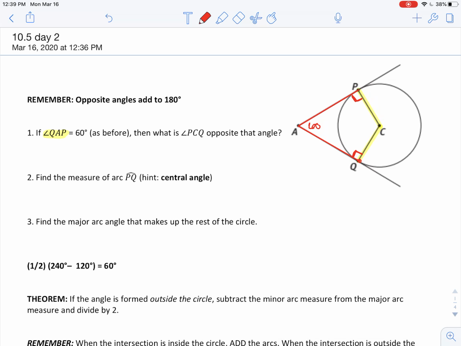It was 10.3. And I know these have to add up to 180, these opposite angles. So opposite angles add to 180. And we can see that works here. 90 plus 90 does get us 180. So I've got 60, and I need to figure out 180 minus 60 gets me what? That'd be 120. So here's 120 degrees and 60 degrees.